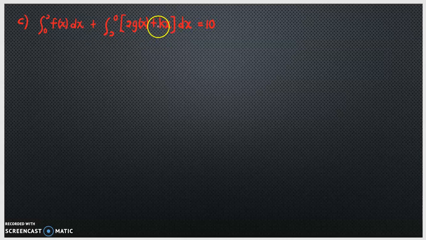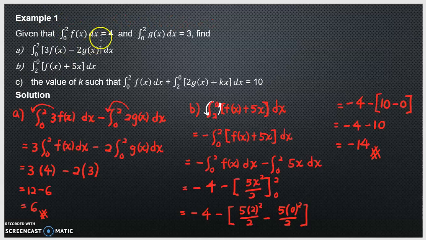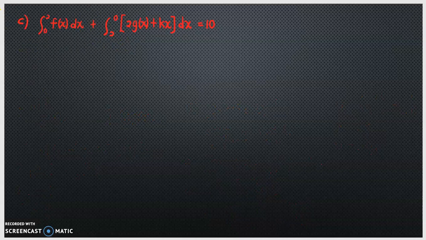So we need to find the value of k. So as we all know, integrate from 0 to 2 for the function of f(x), the value is 4. So here is 4.